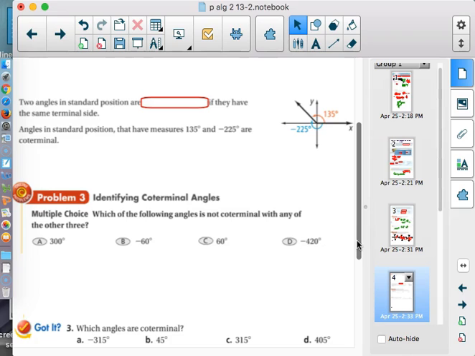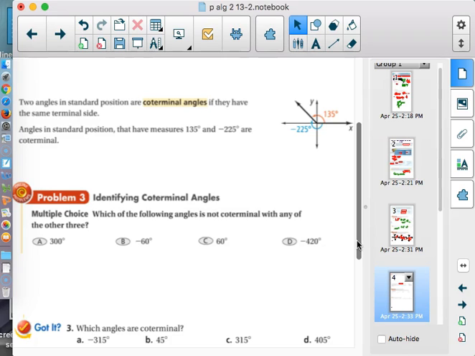and talk about two angles in standard position that are coterminal. Coterminal means they land in the same spot. That terminal side lands in the same spot every time. So I think, well, how am I going to make that happen? Like it says here, this is 135 and it is negative 225 degrees. How do you get that to happen? Well, you have a terminal side on your angle.